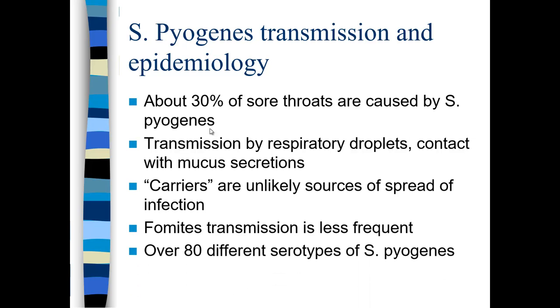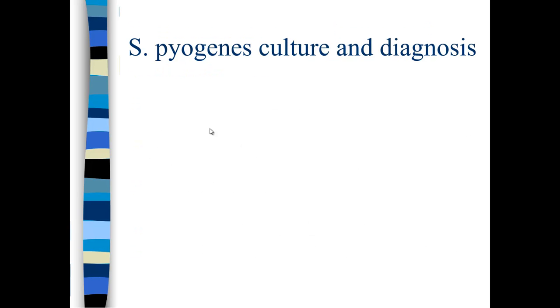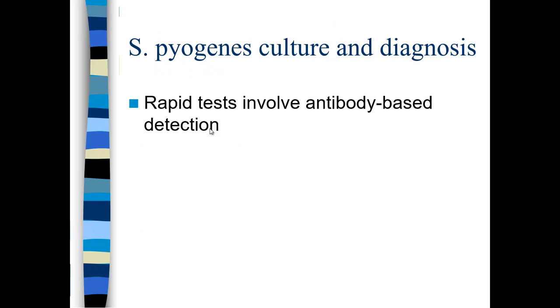Okay, and in terms of trying to vaccinate against this, there's a lot of different types of Streptococcus pyogenes, and you would have to have a specific antibody for each type, and so it makes it very difficult to come up with a vaccine compared to the pneumococcal vaccine. You can do a rapid strep test.